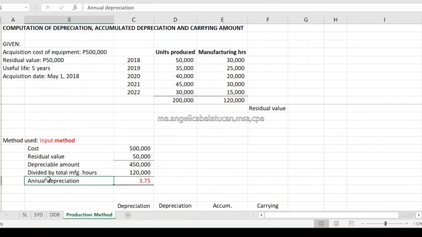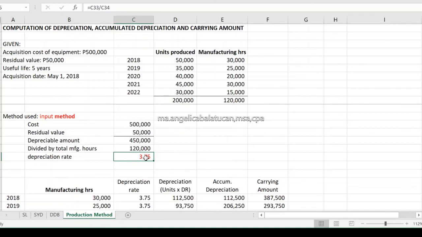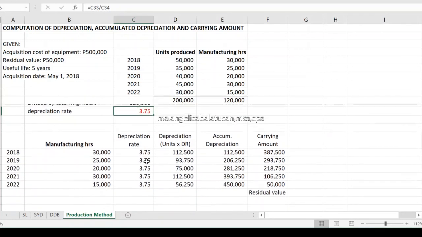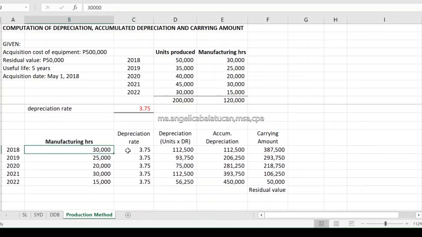So again, this is your depreciation rate. To get the depreciation rate, just simply get the depreciable amount again, 450,000, and divide it by the total number of manufacturing hours, which is 120,000 hours. So for every hour, the depreciation rate is 3.75.